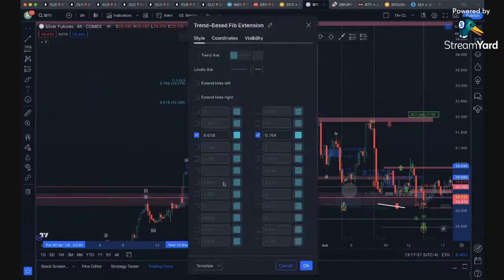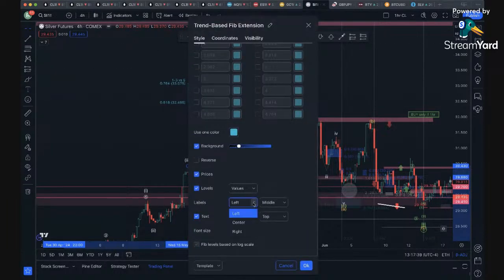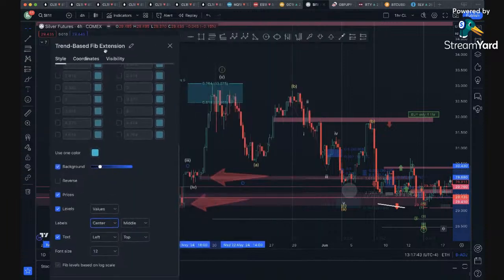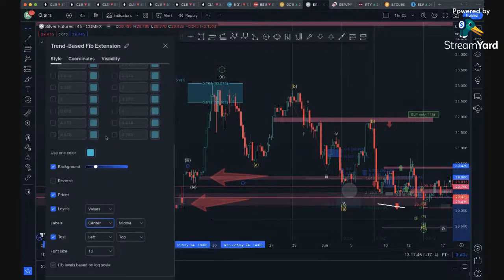In fact, I'm going to move that label over to the center. I want the text over in the middle just so it's clear what exactly that ratio box is referring to.